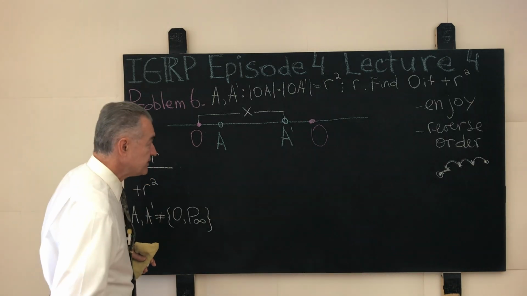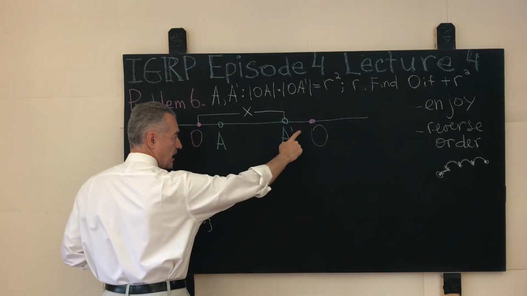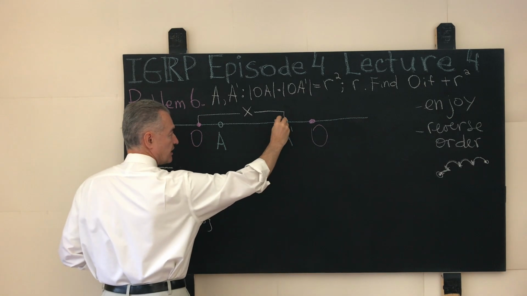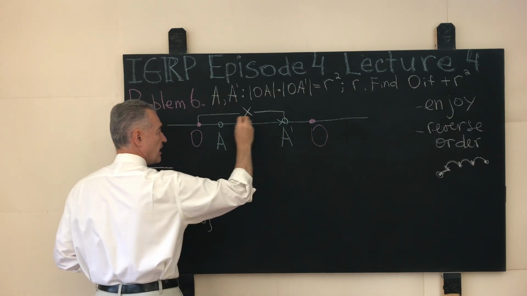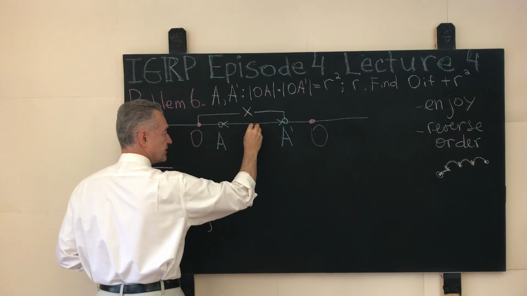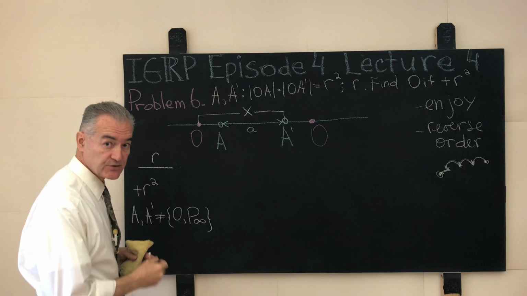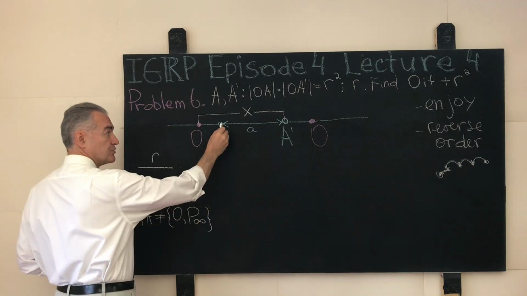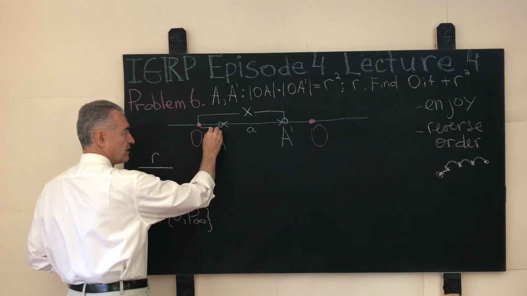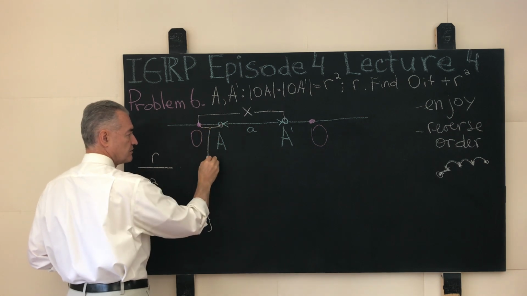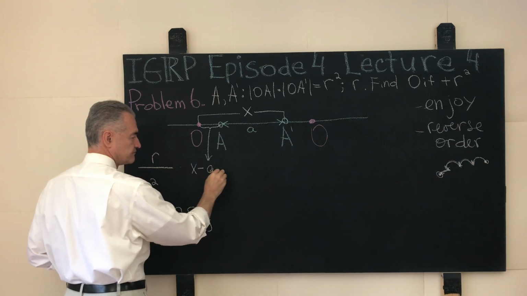Now, if that distance from the center of inversion to the opposite point is x, and the distance between the points A and A prime that is given is a, then what is the distance between the center of inversion and the closest point? Well, that distance right here will be x minus a.